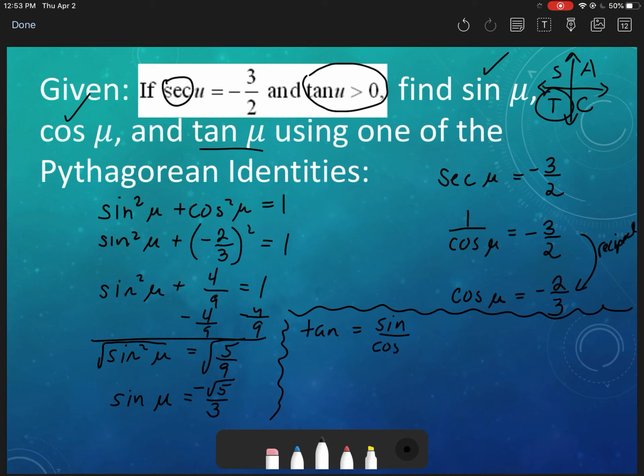So all we need to do is take sine, which is negative radical 5 over 3, divided by cosine, which is negative 2/3. So negative radical 5 over 3 times 3 over 2. That cancels out, and we get negative radical 5 over 2.